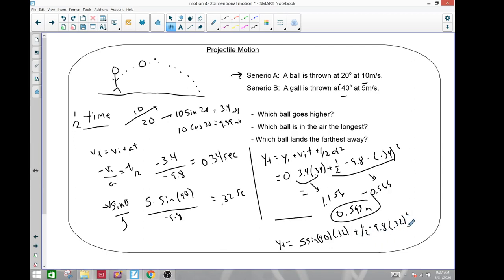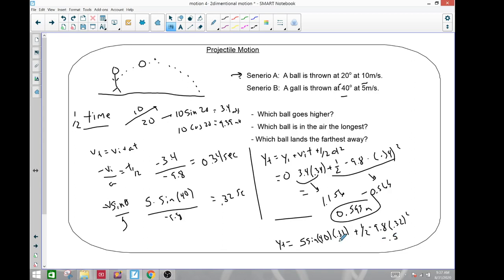I got 0.32 squared, so it's in the air just a shade less, times negative 9.8 times 0.5 is negative 0.5. And let's solve this guy out here.